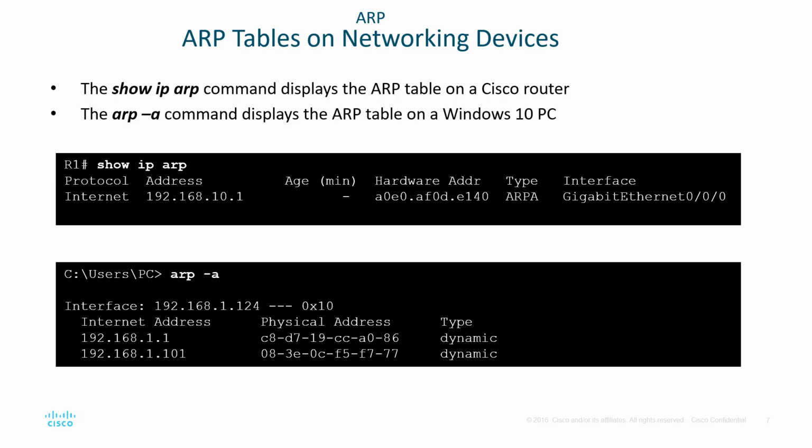So in the first case, we are looking from the perspective of the router. It says so right here, R1. In the second example, we are looking from the perspective of the PC. We know this because we are in the C root drive.